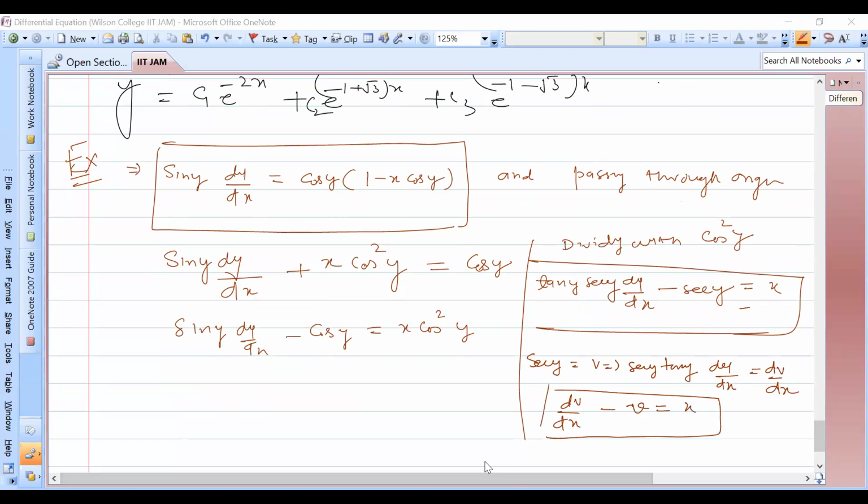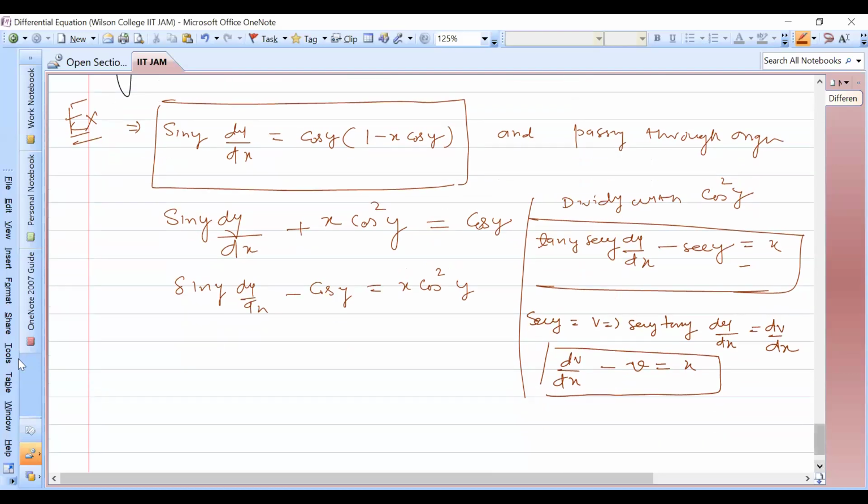Please complete it. What is the integrating factor? e raised to power minus x. Everyone have?